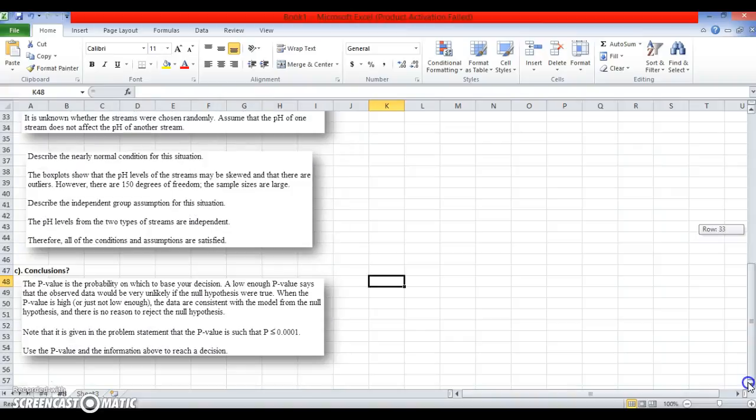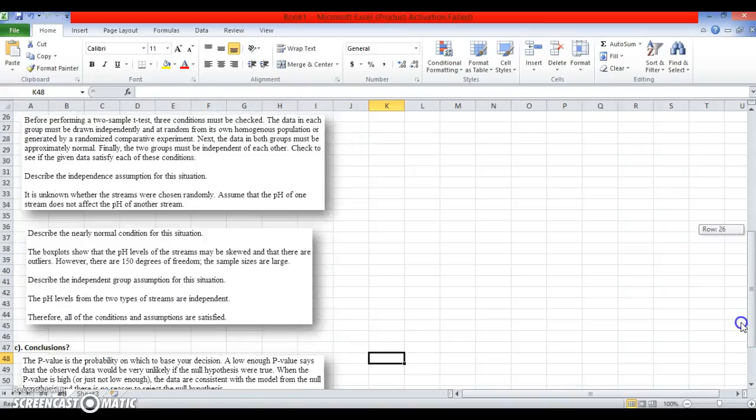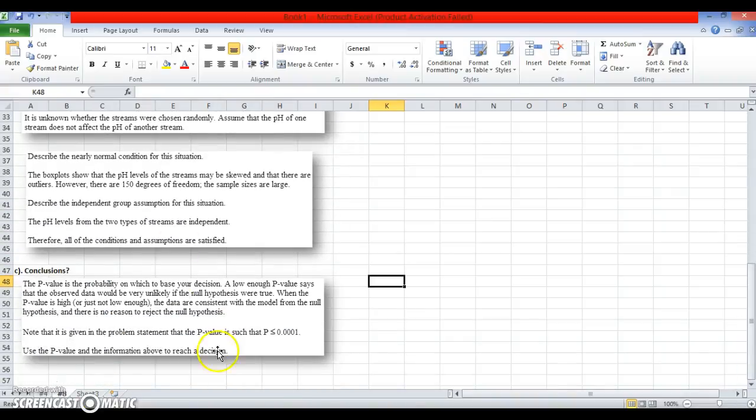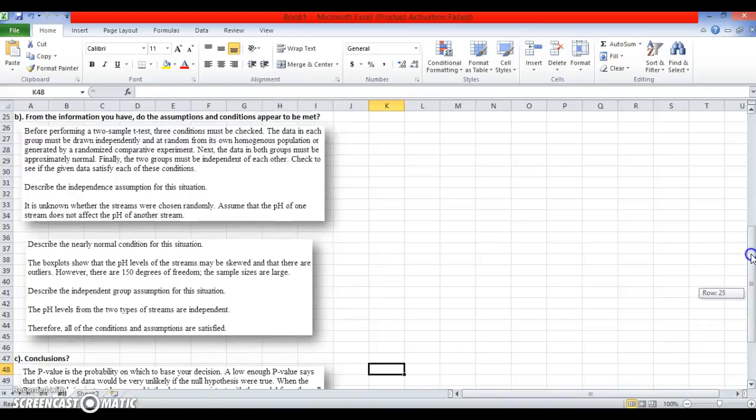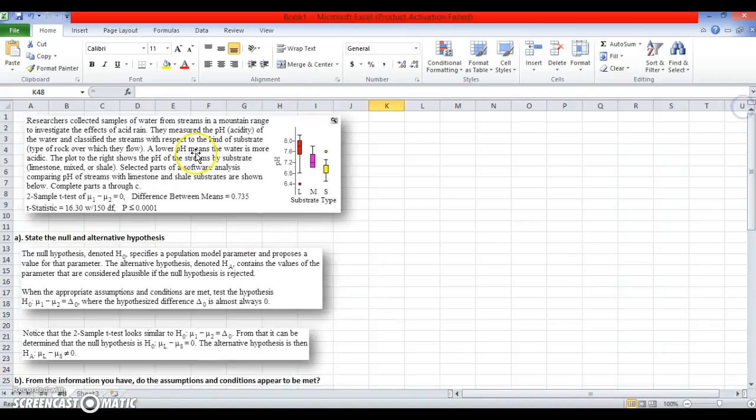Because your p-value is so low, it's very unlikely that the null hypothesis is true, and remember this statement. So we reject the null based on this.